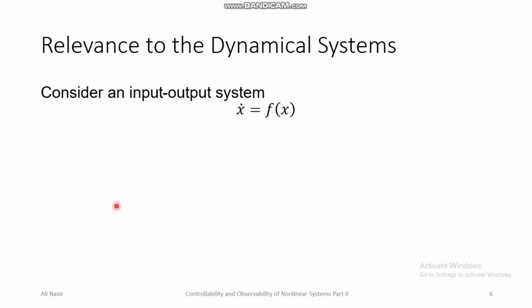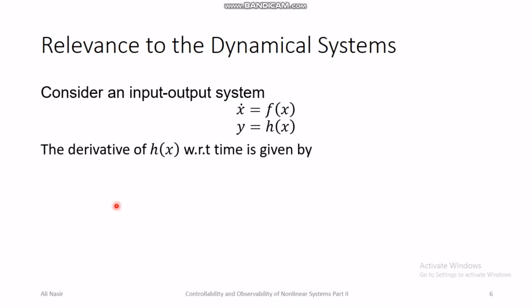So what is the relevance of the Lie derivative with respect to dynamical systems? Consider the input output system x dot equal f of x and y is equal to h of x. Then the derivative of h of x with respect to time is given by partial h by partial x into partial x by partial t.